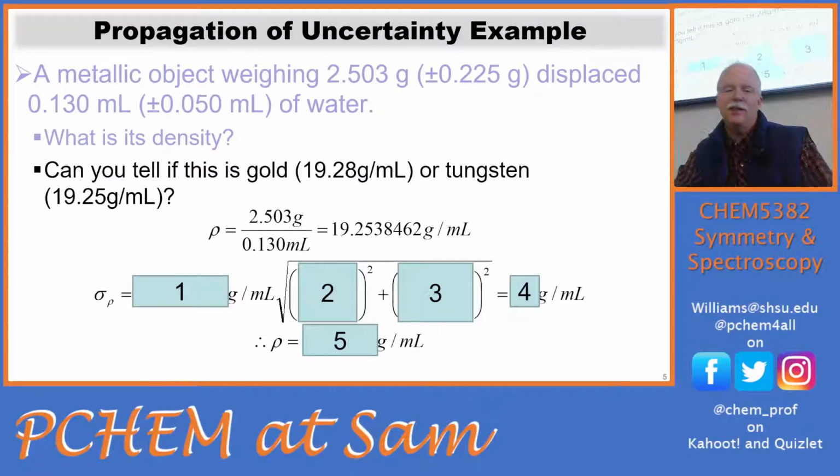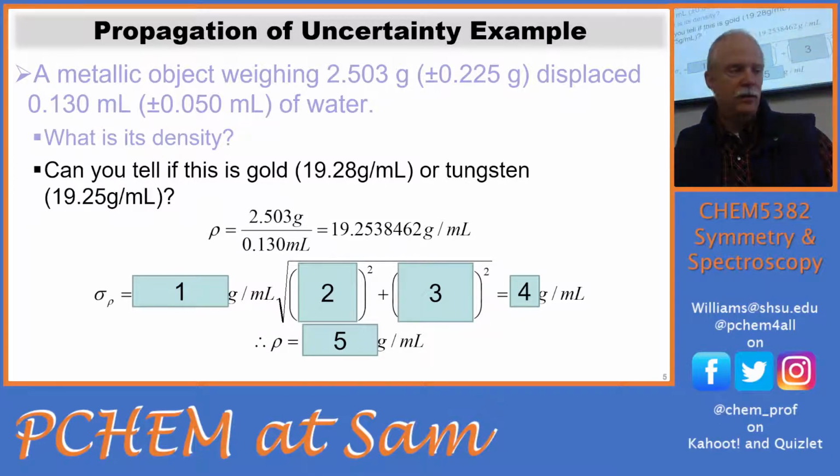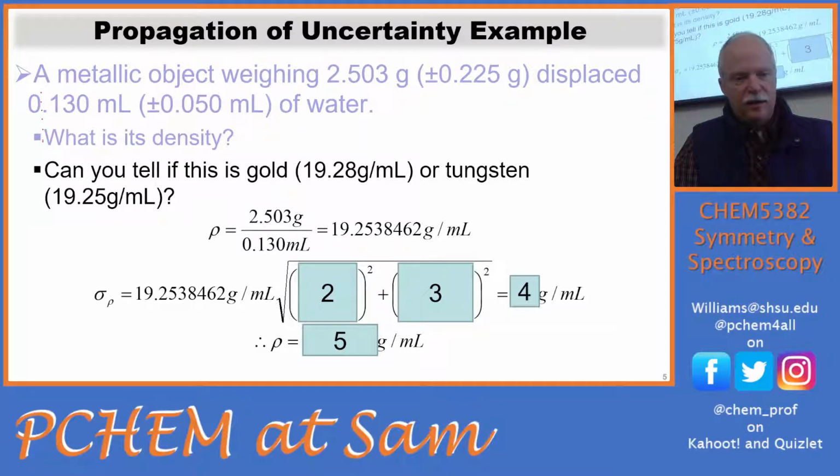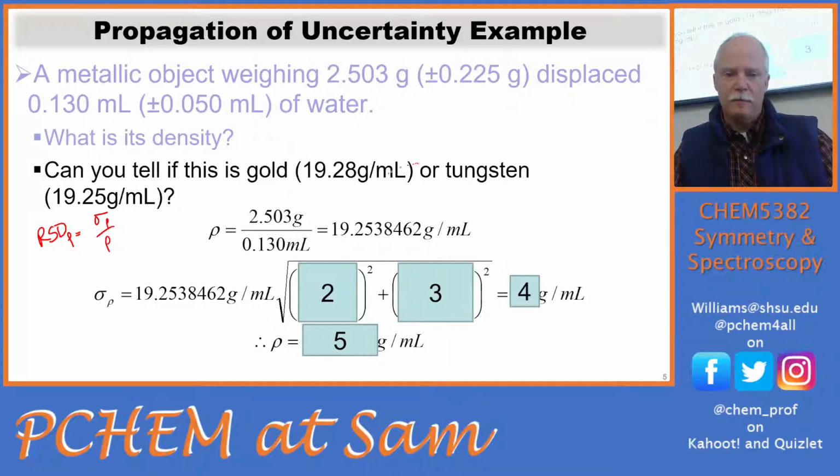So here's our uncertainty calculation, and we have our density value. Remember, RSD for density is equal to sigma density over density. We just took this density and moved it over here, and we took the square root of everything.